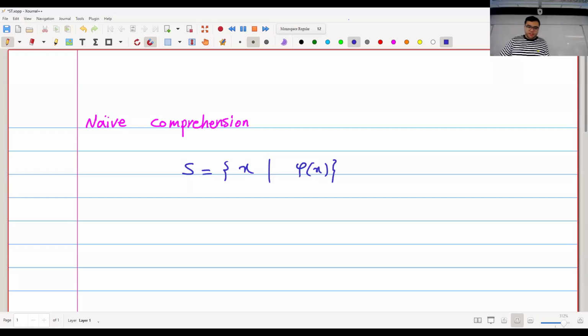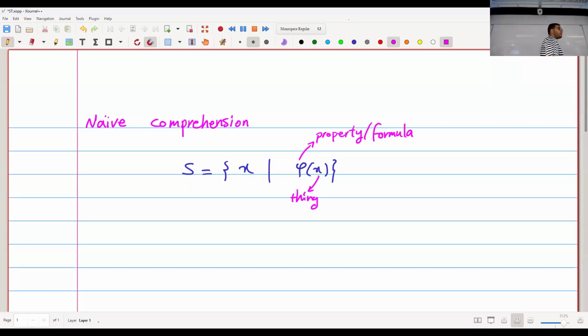This is called comprehension. Basically, I have a property or a formula, and I have a variable, some element or thing, X. And then I'm looking at the set of all elements that satisfy this property.